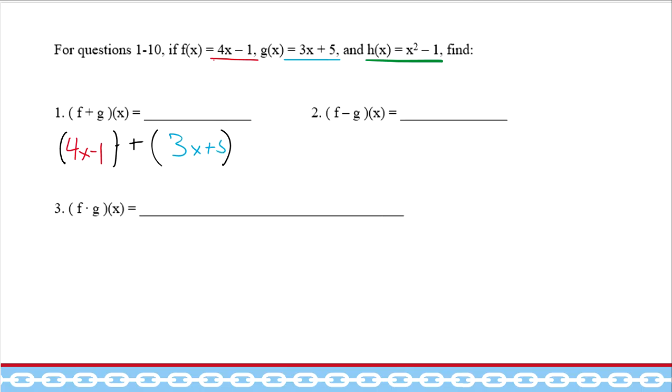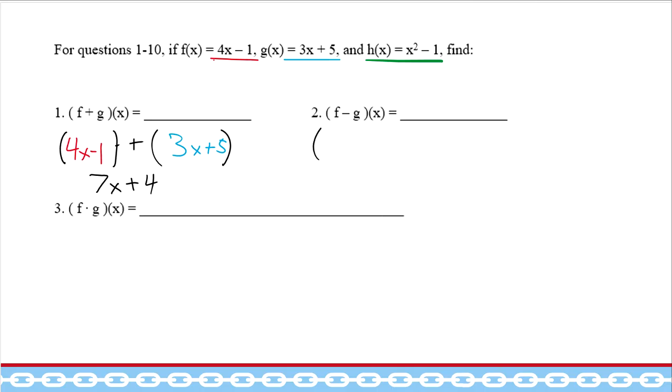So this is basically just combining like terms. Right? So I have 4x plus 3x for 7x, and negative 1 plus 5 for a positive 4.